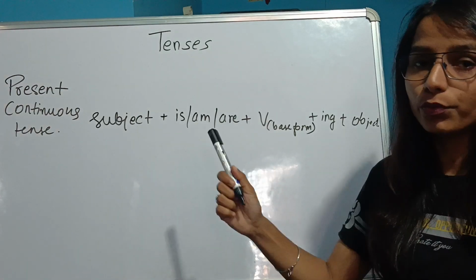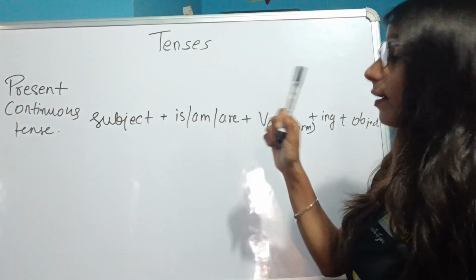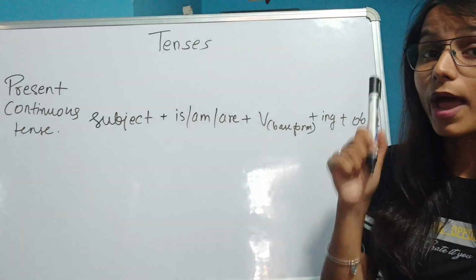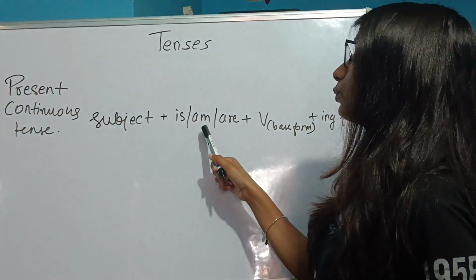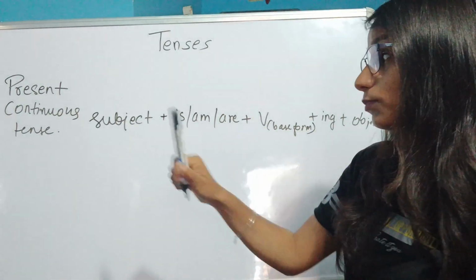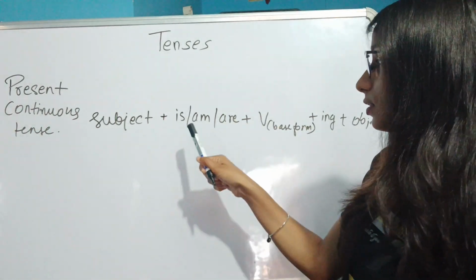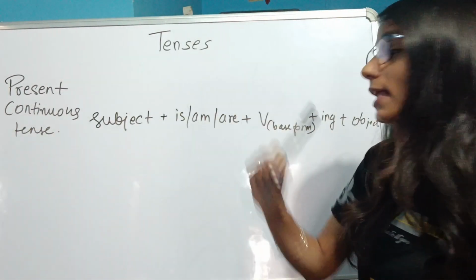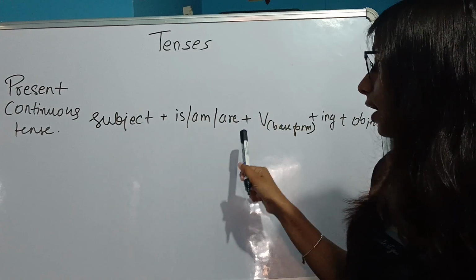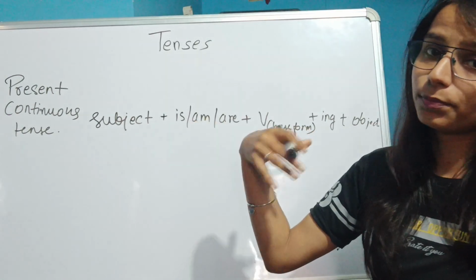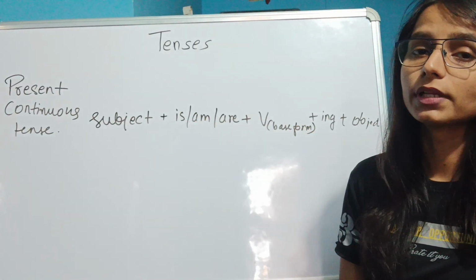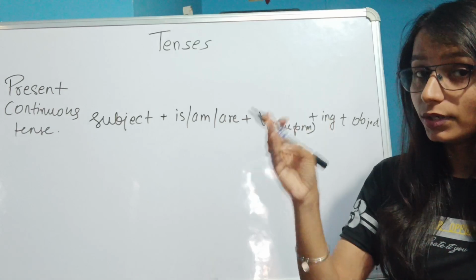When the subject is plural, then we use are, and when the pronoun I is used, then we use am, and when the subject is singular, then we use is. Okay, one name is used with is, and two names are used with are. And the plural pronouns, I have already told, are we, you, they.